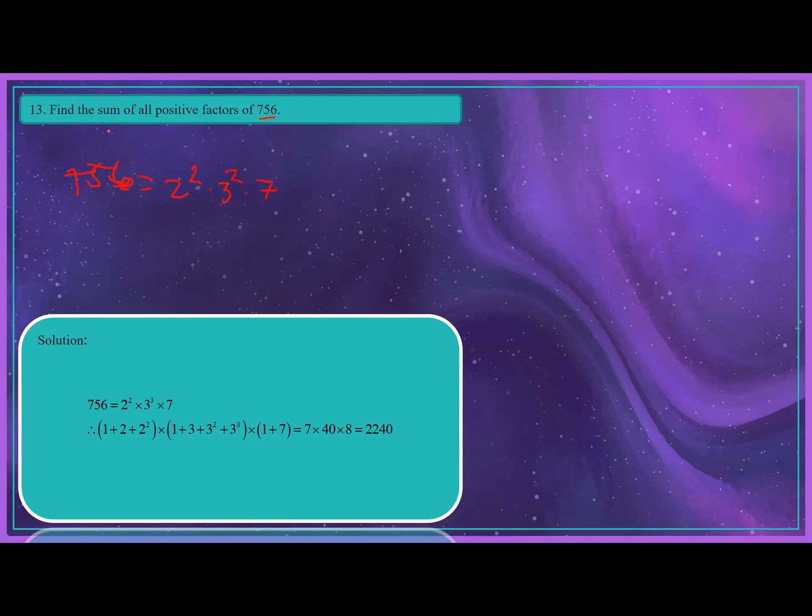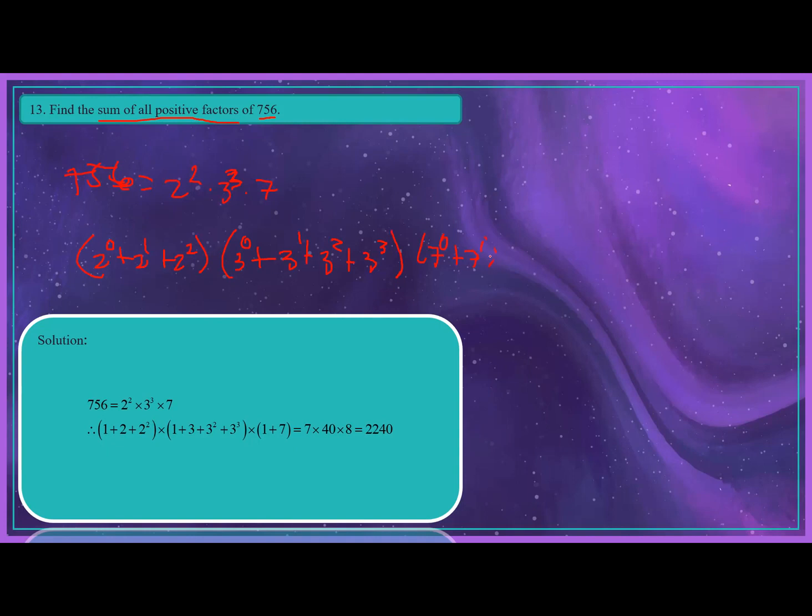If we want to find the sum of all positive factors, that means you add everything: 2 to the 0 plus 2 to the 1 plus 2 squared, times 3 to the 0 plus 3 to the 1 plus 3 squared plus 3 cubed, times 7 to the 0 plus 7 to the 1.